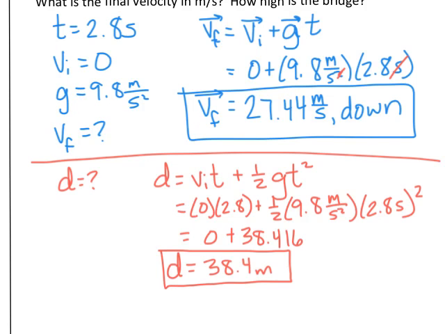One equation you could have used would be the second kinematic equation. When you plug your numbers in and solve, you should get approximately 38 meters for the height of the bridge. I wanted to point out that you could also solve this particular part of the problem in another way since we do have enough information. So I'm going to show you that as well.